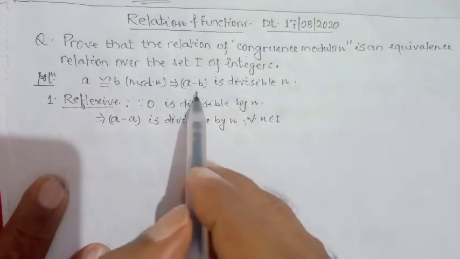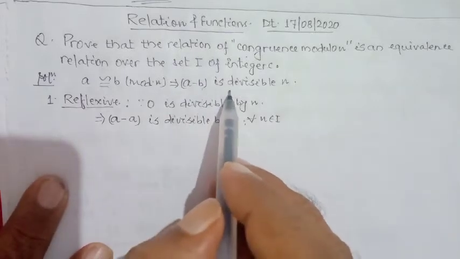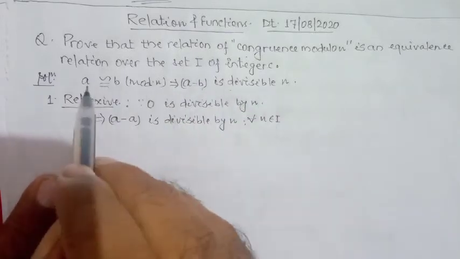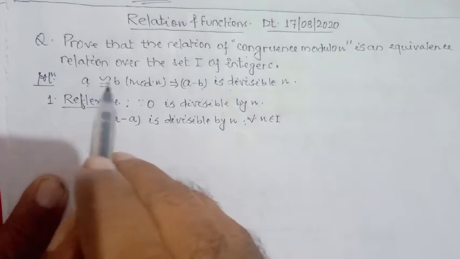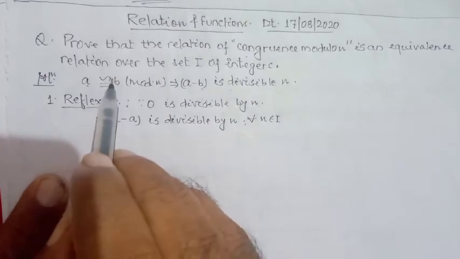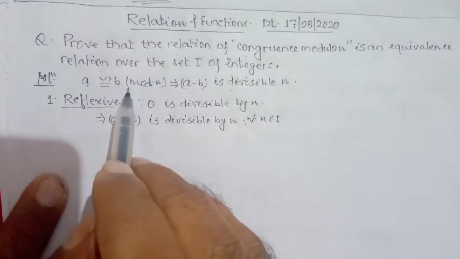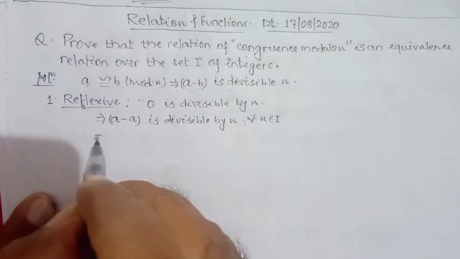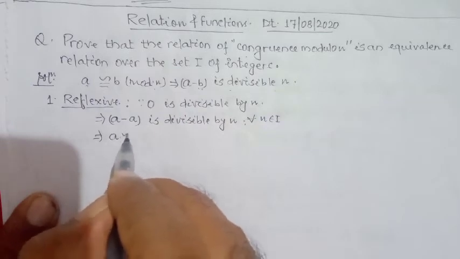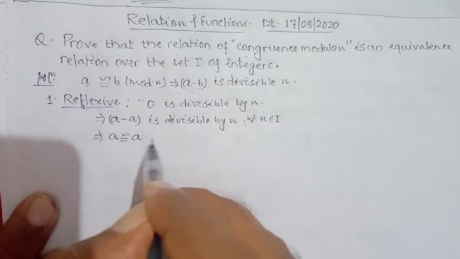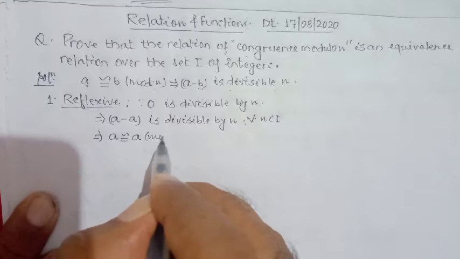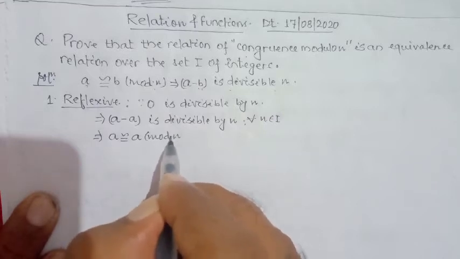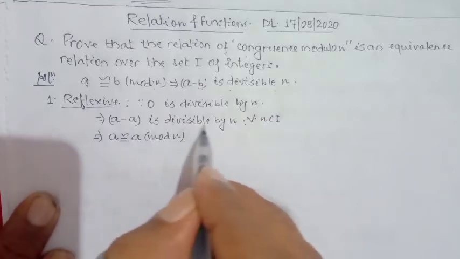See, a minus b is divisible by n means a is related to b, that is a congruence b modulo n. According to this, it should be a congruence a modulo n, meaning a minus a is divisible by n.